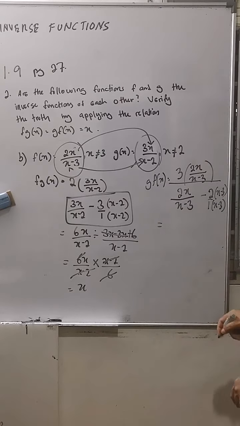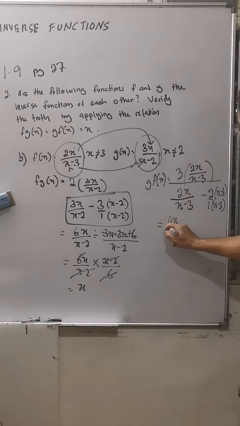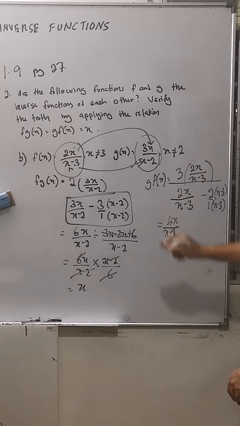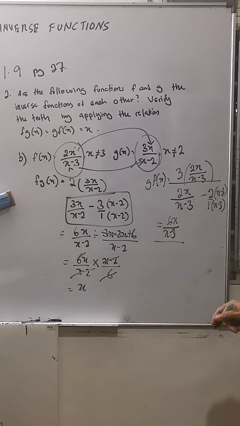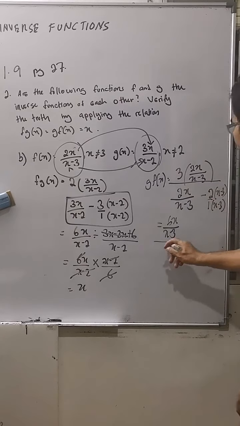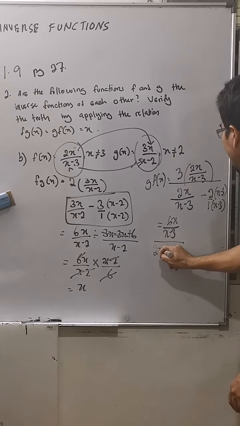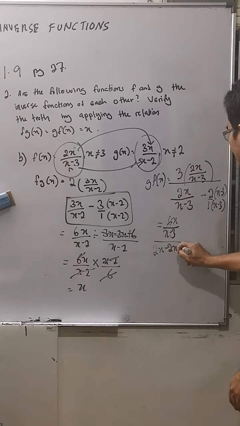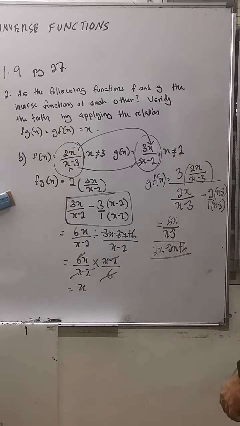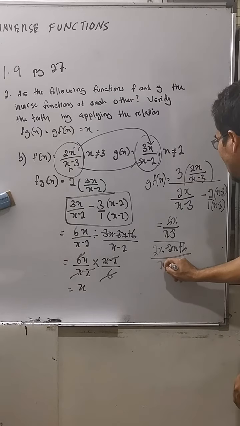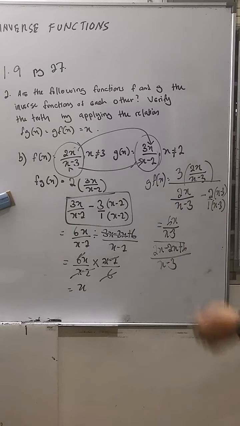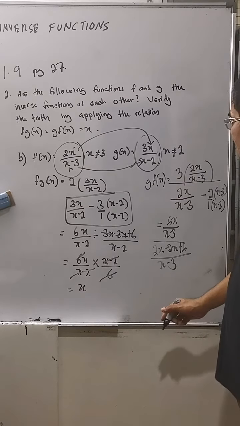So it becomes 6x over x minus 3, then over 2x minus 2x plus 6 over x minus 3.